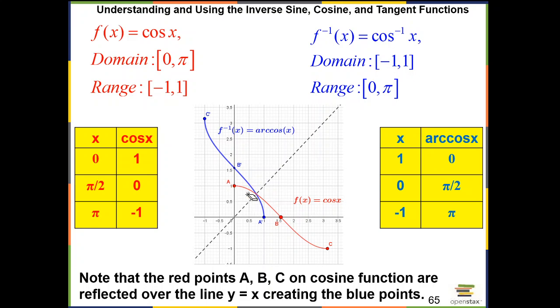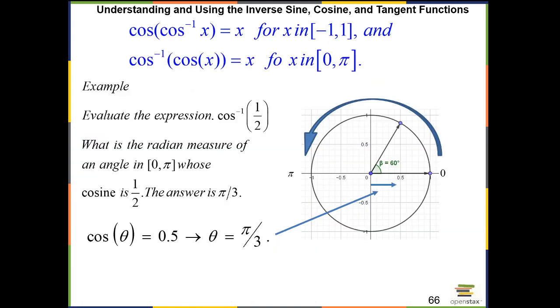Okay, and then you can stop the video and take a look at this and make sure everything makes sense to you. So what do we mean when we write cosine inverse of 1/2? We mean we're looking for the angle in what? In 0 to pi, in this region here. We're looking for an angle in this region whose cosine is 1/2.